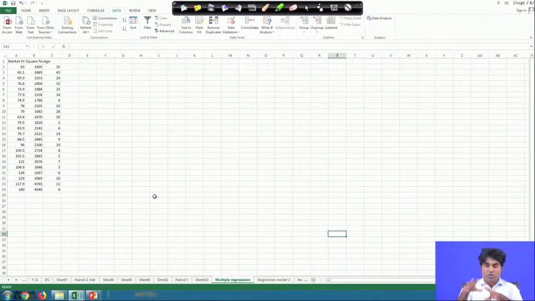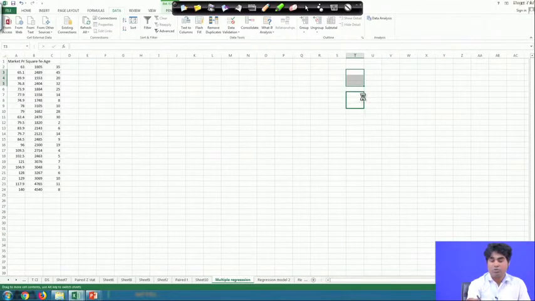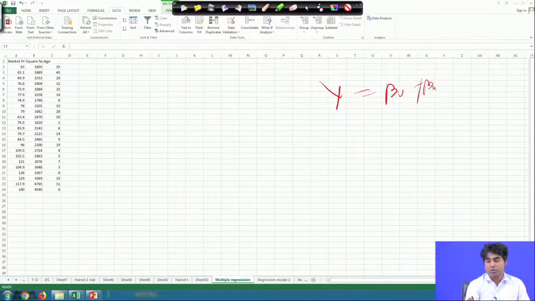The first step of this processing, to predict the housing price with respect to the size of the house and the years of the house, is that we need to fix the model like this. Technically the model can be fixed as y equal to beta 0 plus beta 1 x1 plus beta 2 x2, plus the error term.